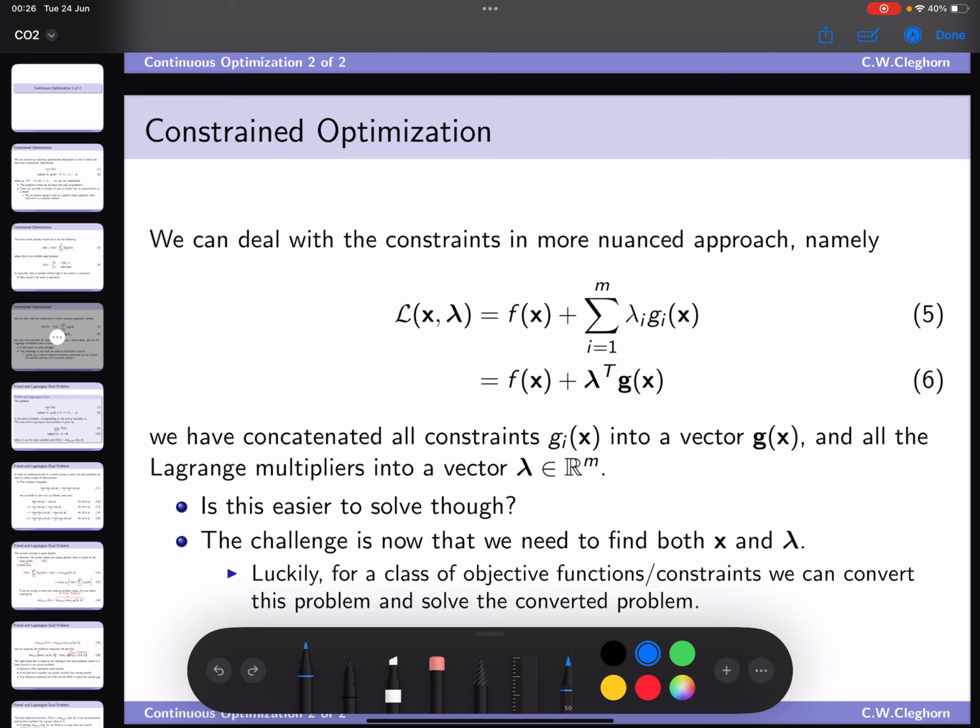We have the function we want to minimize plus the dot product of all our Lagrangian multipliers with all of our constraint functions. So this is a little bit more nuanced. At least it's not going to output infinite values necessarily. For values of g that go beyond 0, that increase, this is going to be pushed up.